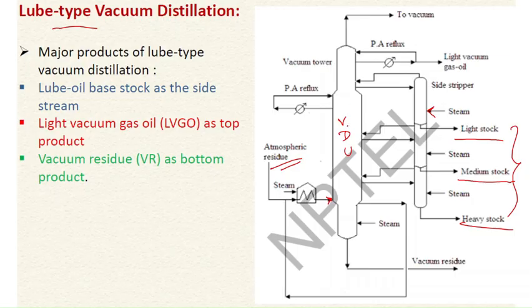So that's why again here steam stripping is required. Okay, so steam stripping takes place, and the lighter portion is also given out as light vacuum gas oil, and the overhead steam and gases are given out, which are taken to the ejector system for production of vacuum for the vacuum distillation unit.